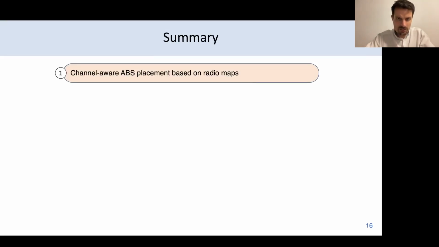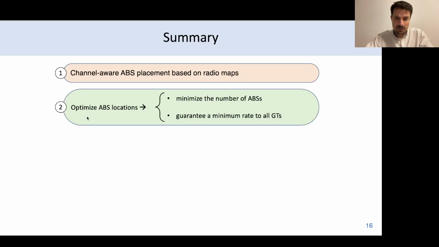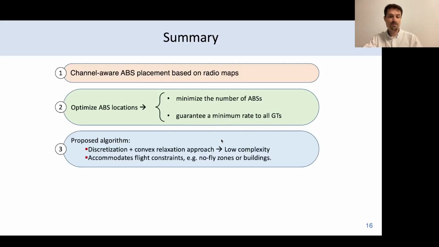So to sum up, we have so far discussed how to solve the ABS placement problem using tomographic radio maps. The goal was to optimize the ABS locations to minimize the number of ABSs, and at the same time warrant that every ground terminal receives at least a target minimum rate.